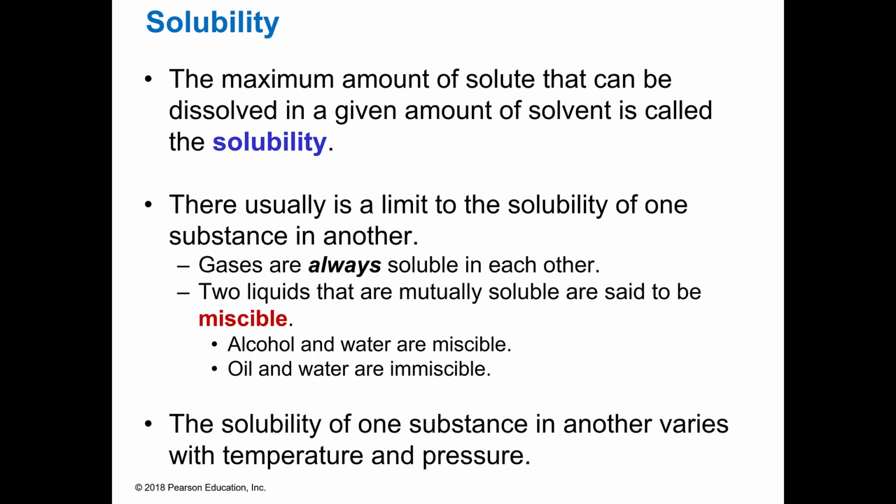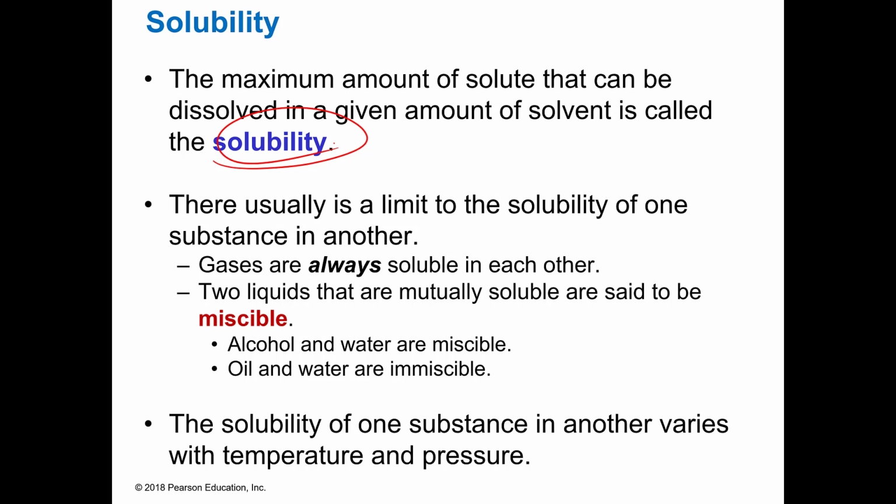So the maximum amount of solute that you can dissolve in the solvent is called its solubility, okay? And there's a certain limit for each substance. Gases are always soluble in each other because they're going to just mix. They don't really interact, if you recall. They just mix together, so they're always soluble in each other. Liquids, however, sometimes are, sometimes aren't.